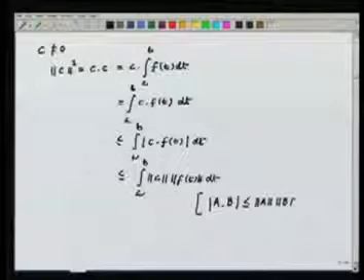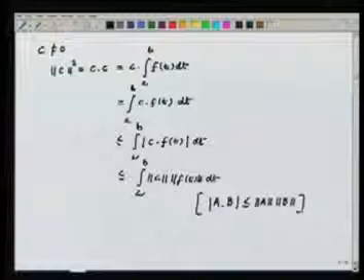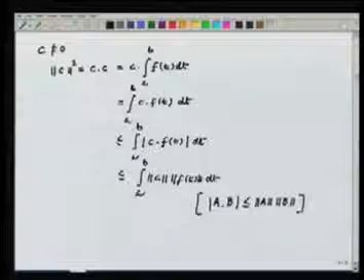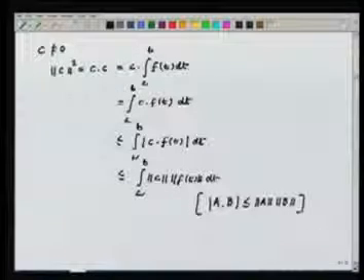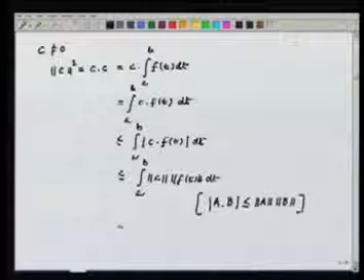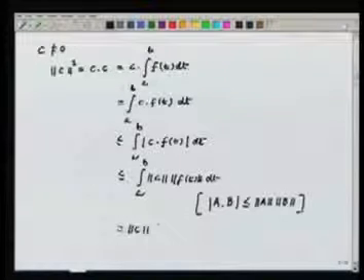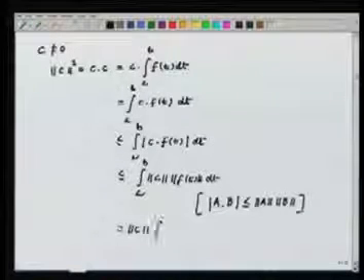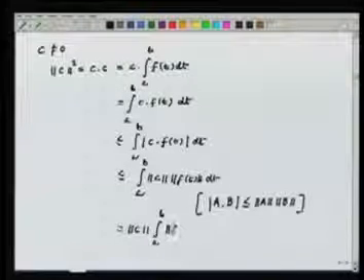This is called the Cauchy-Schwarz inequality. It is not very hard to prove. You can look at any book which talks about vectors, or you can try to prove it yourself. Anyway, that would then mean that this is equal to norm c times integral a to b norm f(t) dt.